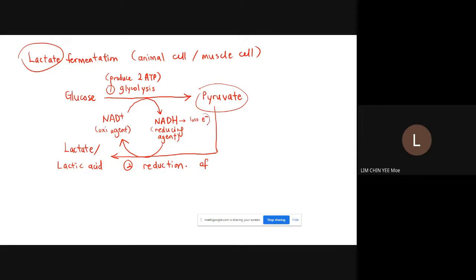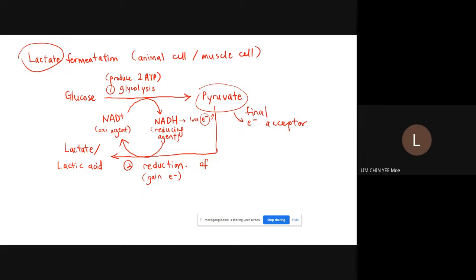Elektron tu dah bagi dekat apa? Pyruvate. That's why we say reduction of pyruvate. Sebab reduction of pyruvate, it means pyruvate ini gain electron from the NADH. So, dia yang terima elektron. Dia lah final electron acceptor. That's all about lactate fermentation.